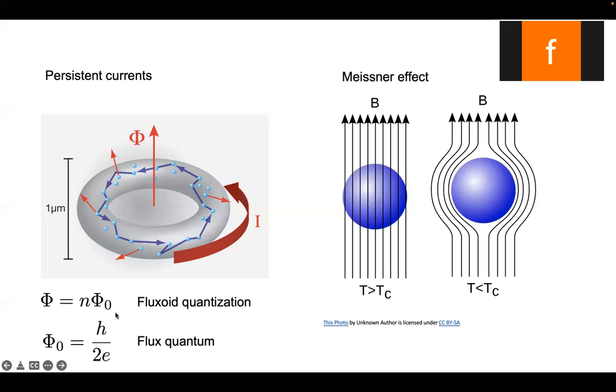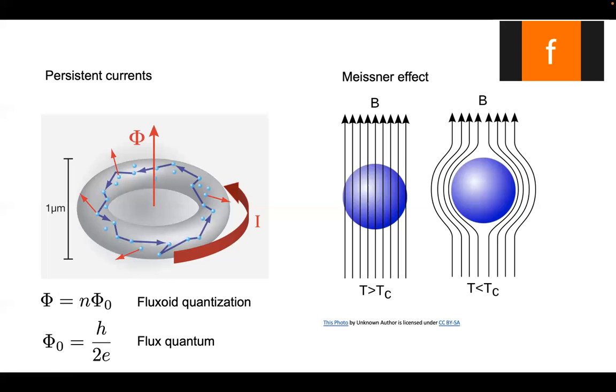Whenever we have a superconducting ring or loop, the flux associated with a circulating current is quantized.